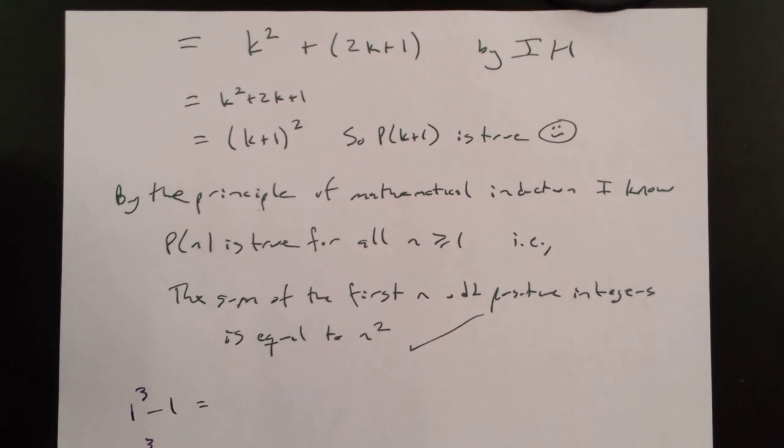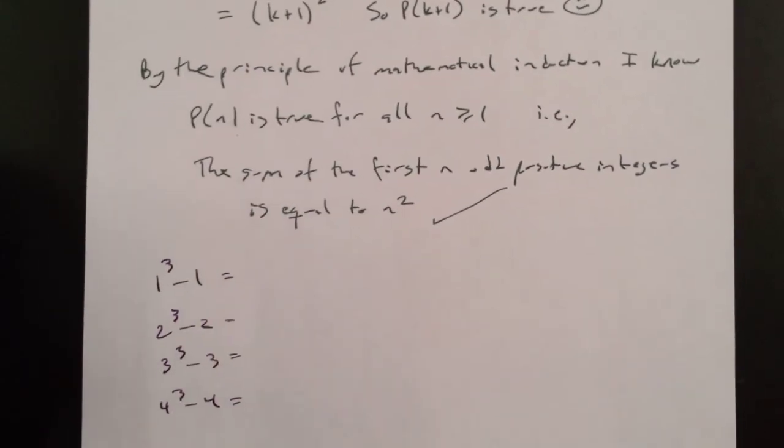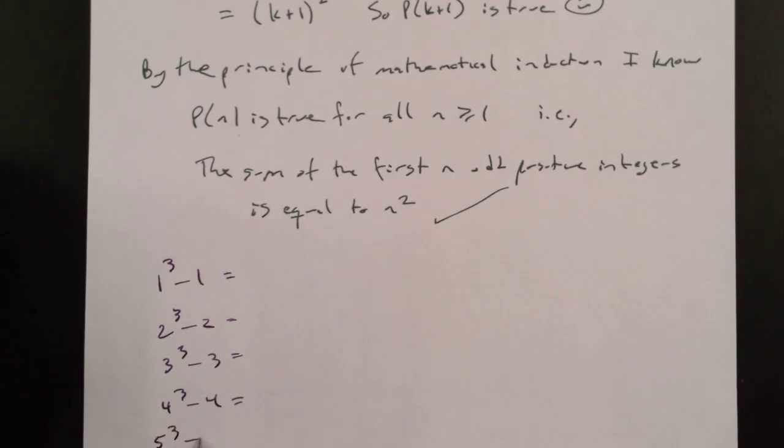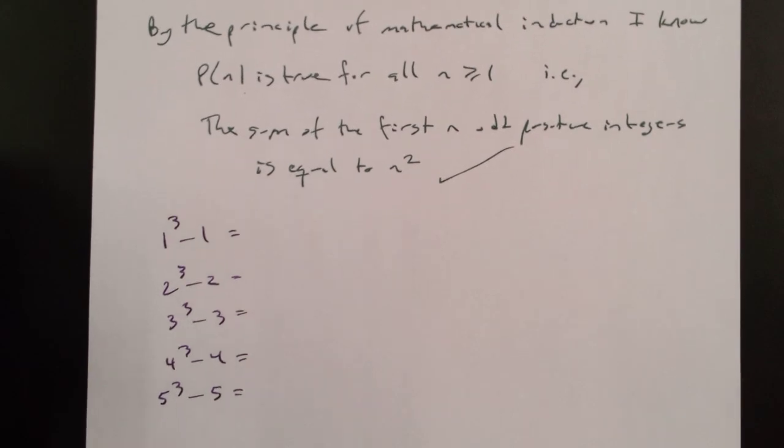Here's a pattern. What do you get for these values?